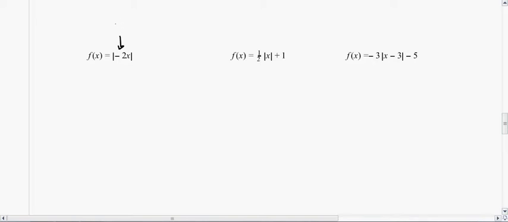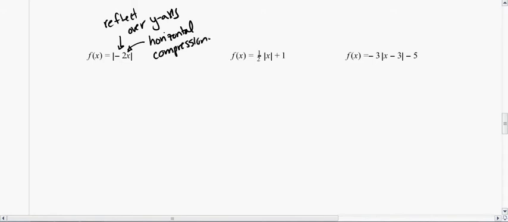So when I'm negating the x, that means I'm going to reflect over the y-axis. And when I'm multiplying by a number that's bigger than 1, that's going to correspond to a horizontal shrink or compression.